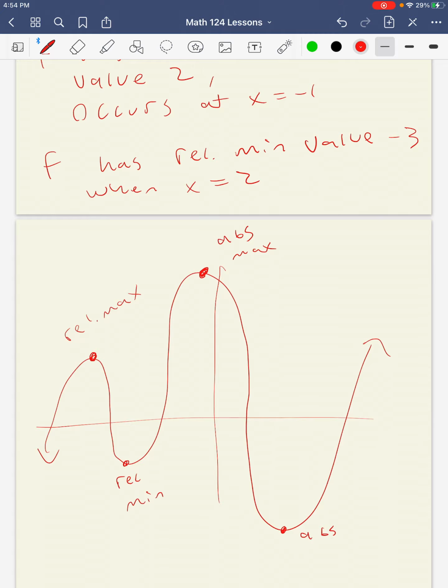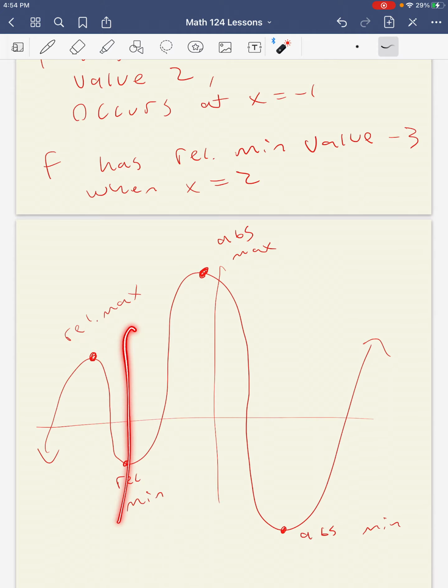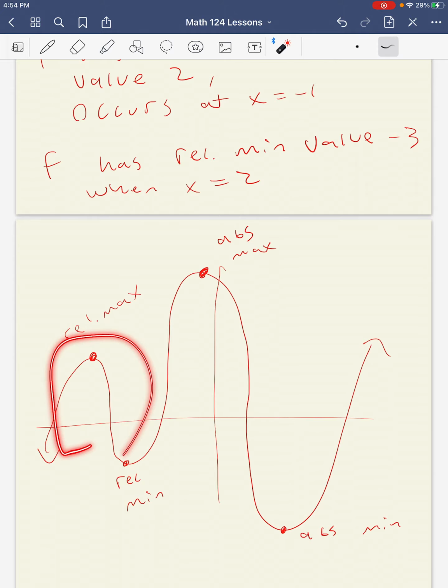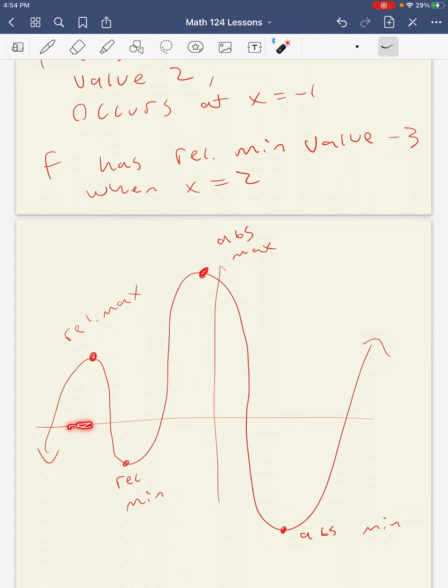Absolute min. Right, so if we just think of the graph in this small neighborhood, then this is a maximum, right? If we just think of this part of the graph here and ignore everywhere else, then this is a maximum in this little neighborhood of the graph. So that's why we use the word relative maximum.